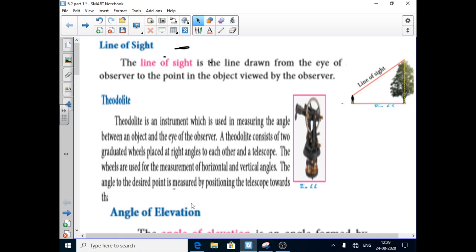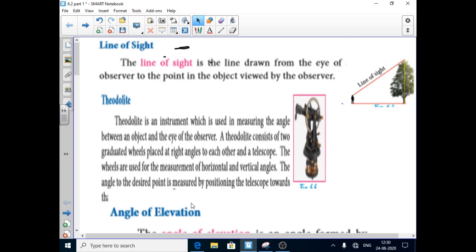In this one we have some basic concepts. First one is line of sight. Line of sight means the line drawn from the eye of the observer. So here two concepts we are having: one is observer, another one is object. The line is not from the observer to the object, it is from the eye of the observer.